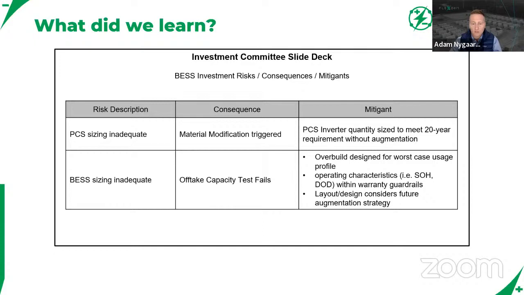These are all mitigants to having an undersized BESS upfront. So hopefully that answers the question and ties up what we learned and how we all can be better informed and provide our investors and whoever makes the financial decisions at your company to design optimal battery storage projects.